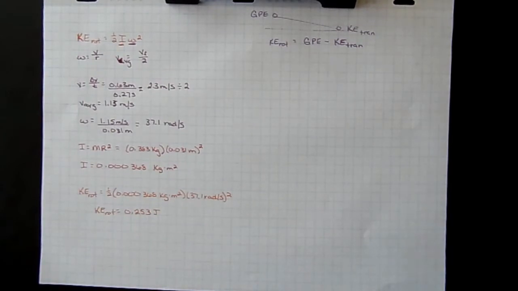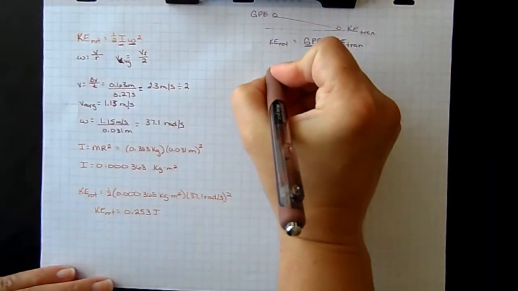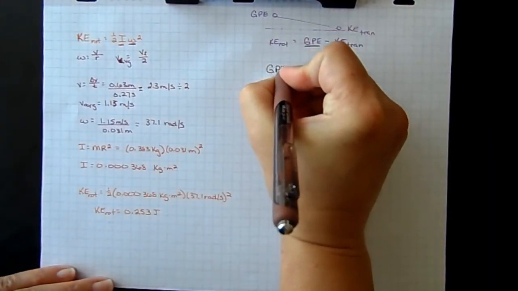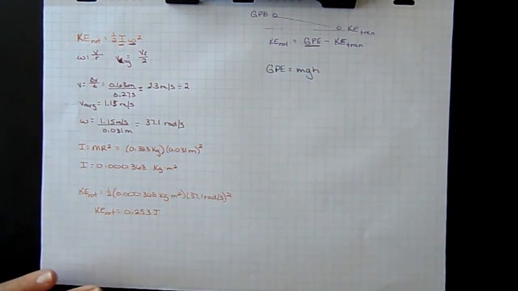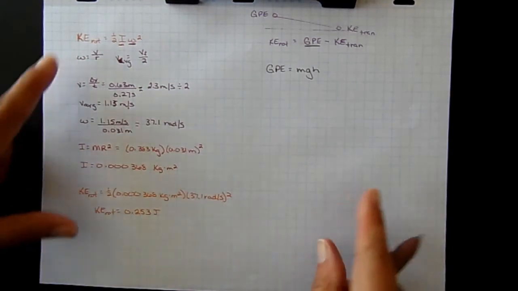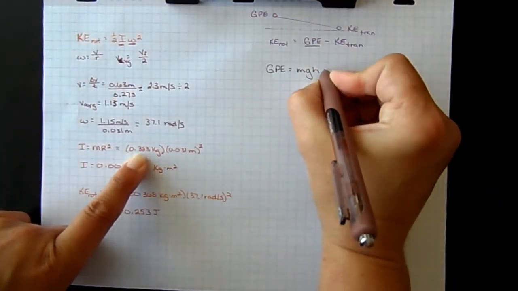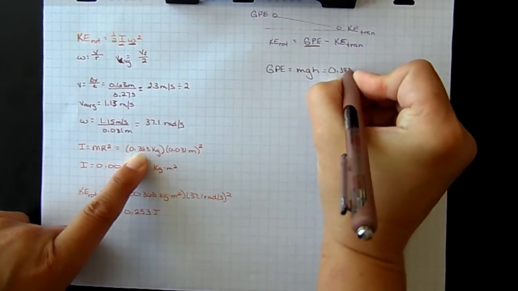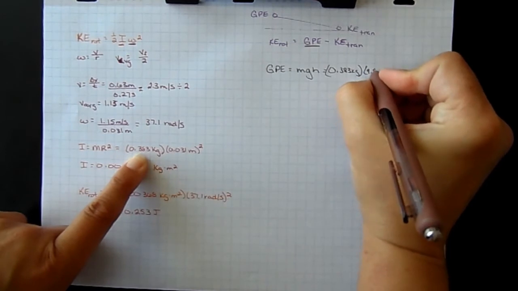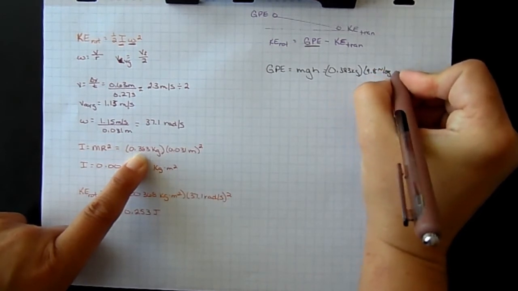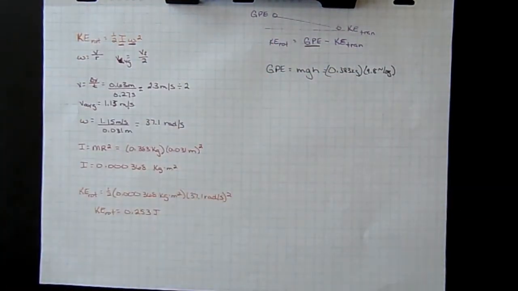So let's start with the gravitational potential energy. Gravitational potential energy is the mass times g times h. Our mass is 0.383 kilograms. g is always 9.8. And our height: you'll have to measure the height at the top of your ramp.